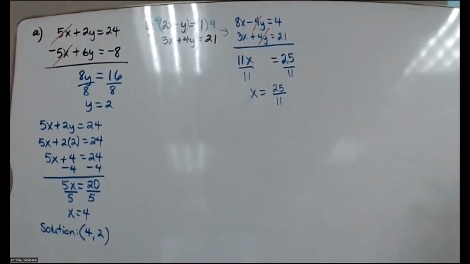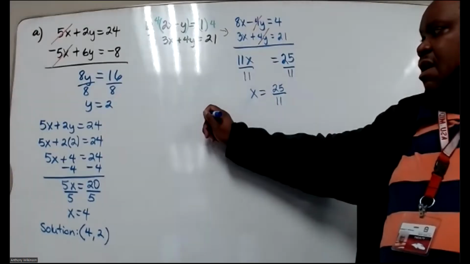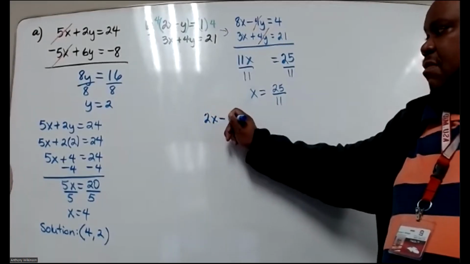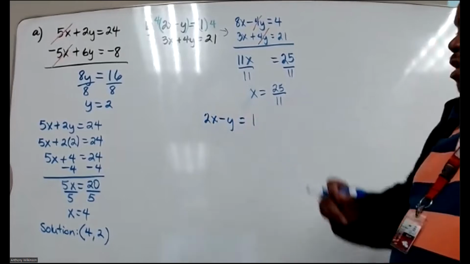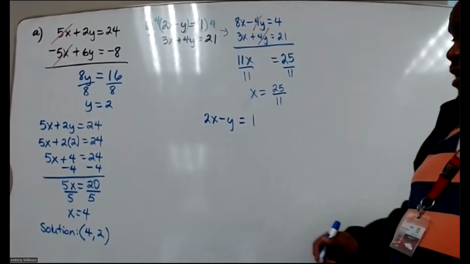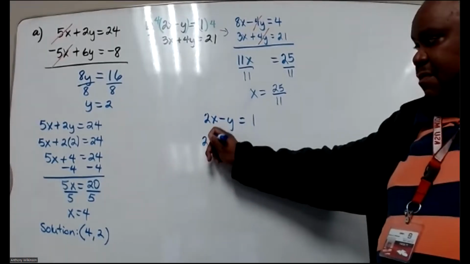Okay, now we can use either the first equation or the second equation to solve for y. I use the first equation, and then substitute the x with 25 over 11.